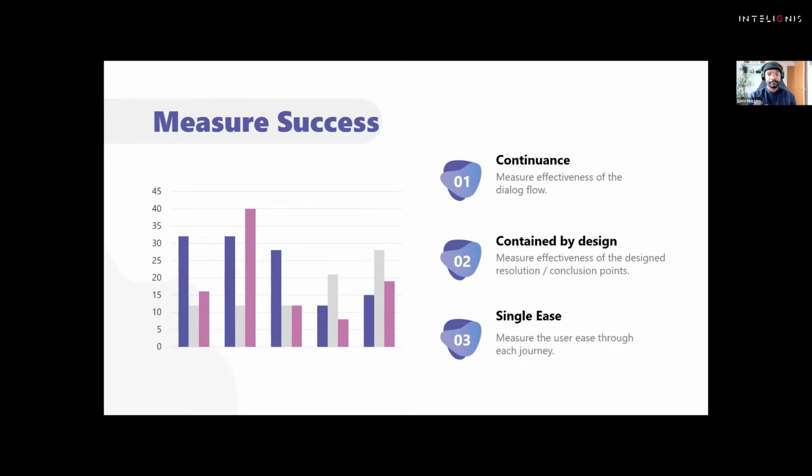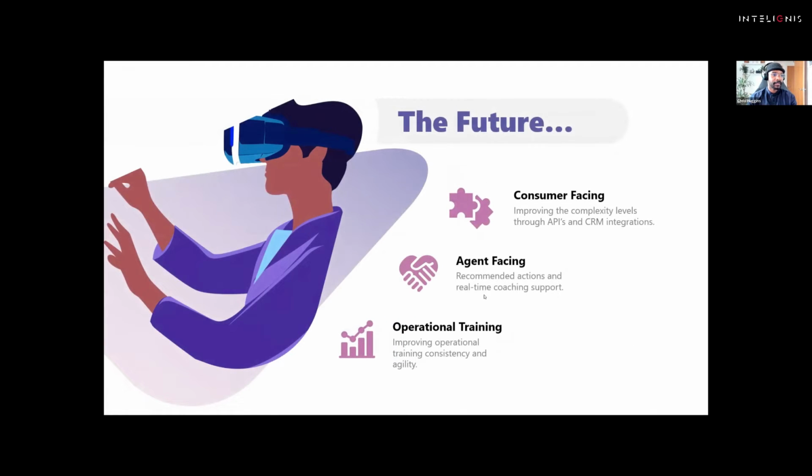So the final point that I'd like to cover is really, what does the future look like in the conversational commerce space, and this is one that I seriously enjoy covering.